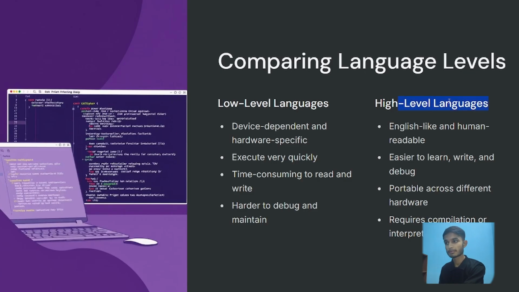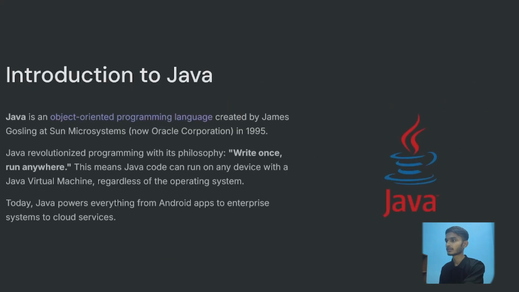In the case of high level language, it is English, human readable, easier to learn, write, and debug, and portable across different hardware. Like Java, if you write the code on this PC, with the help of the JVM we can also run it on another PC, but it requires compilation or interpretation, as we have mentioned.